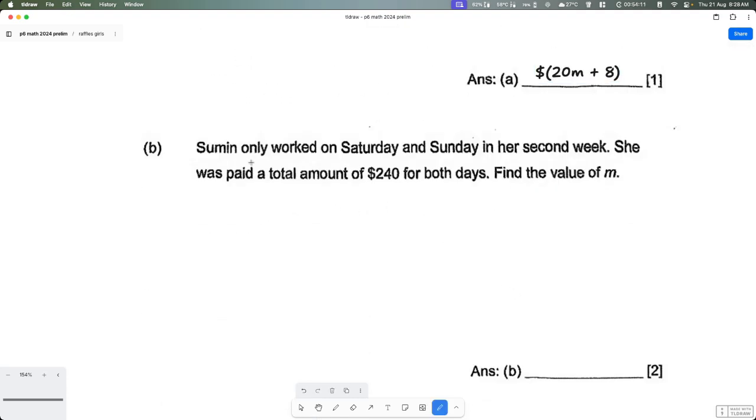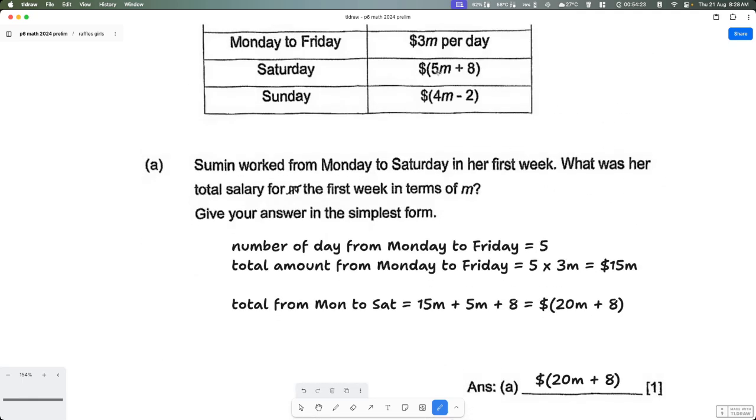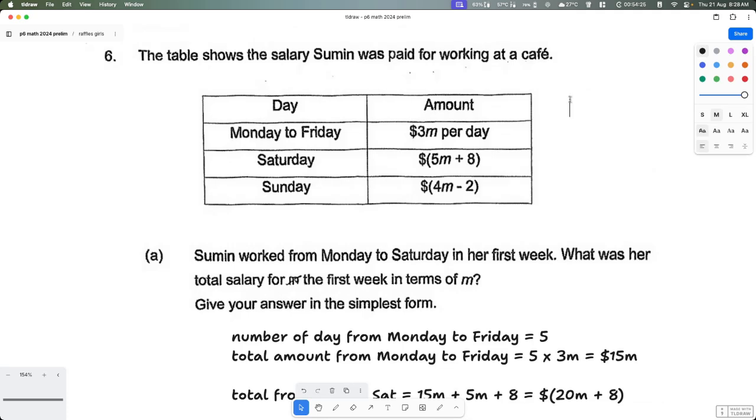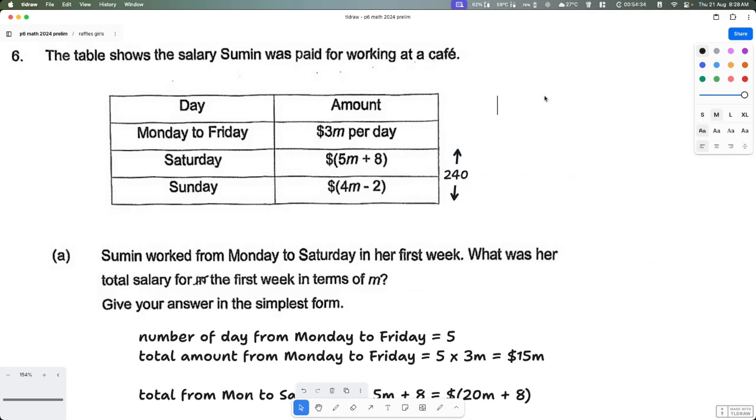Sumin only worked on Saturday and Sunday in her second week. She was paid a total of $240 for both days. Find the value of M. Saturday and Sunday is 5M plus 8 plus 4M minus 2.